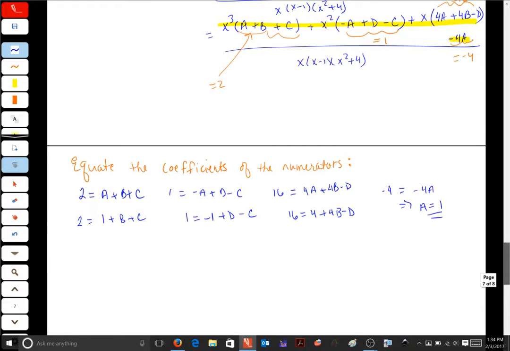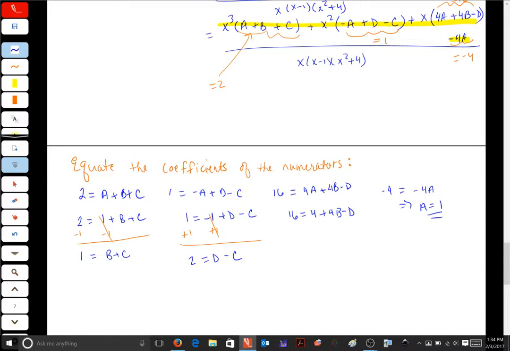Now, I have these constants over here, so let's subtract them, get our constants on the same side, and that means that we're going to have 1 is equal to b plus c. Over here, if I add the 1 over, I get 2 is equal to d minus c.